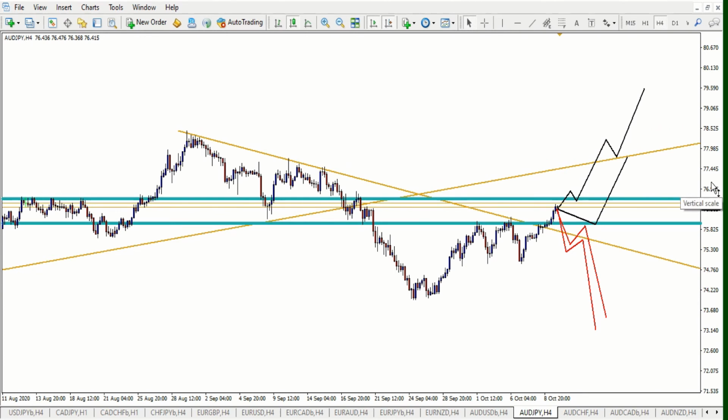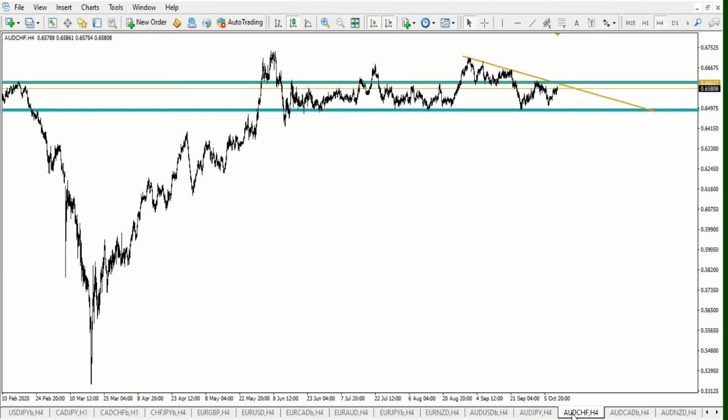Okay, so for the Australian dollar CHF, right, Australian dollar and the Swiss franc, we can see that we have a strong support zone there, okay, and we also have a strong resistance zone up there, right? You can see that from the 4 hour.